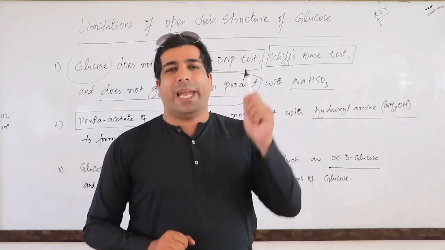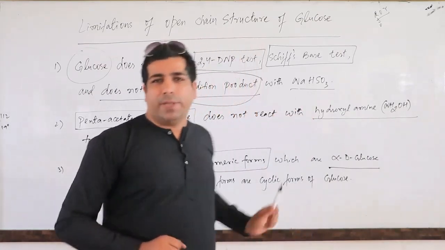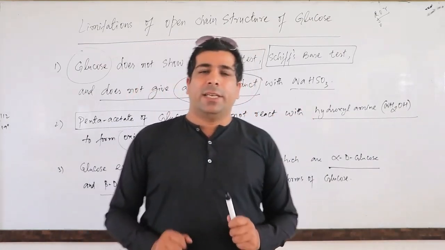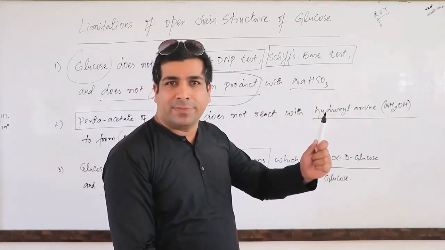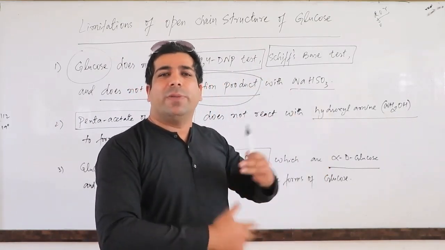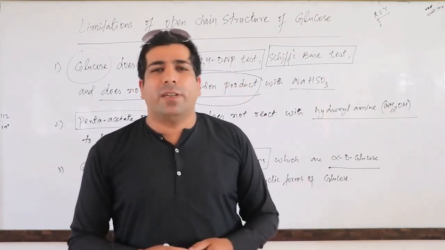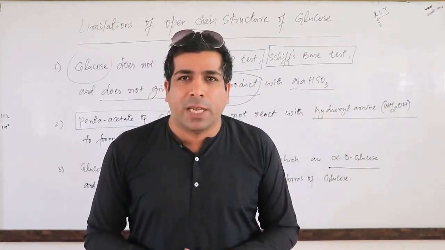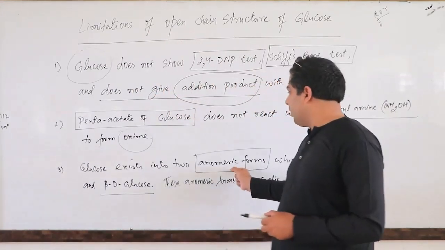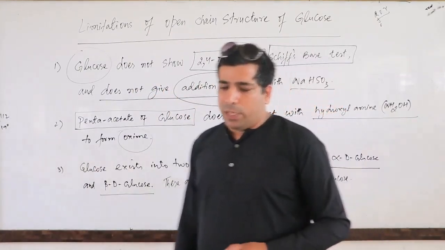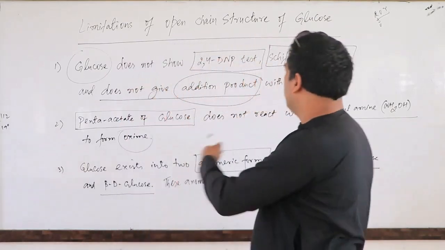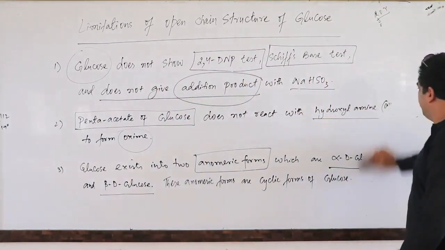They are optically active, and both of them can rotate the light in clockwise direction. But their optical activity will be different. And they also have different melting points. We will be discussing this anomeric form later, as I told you. So let us discuss these points first.